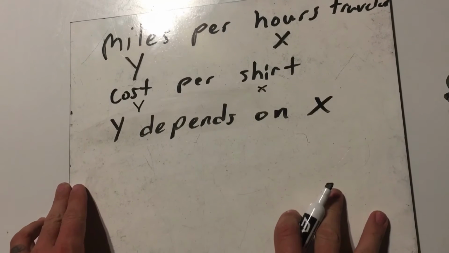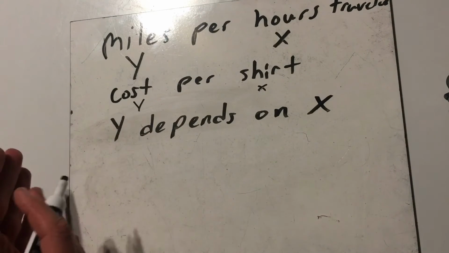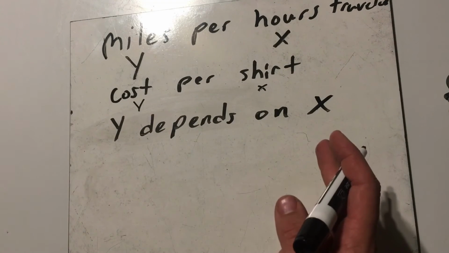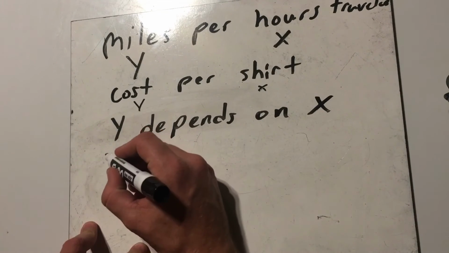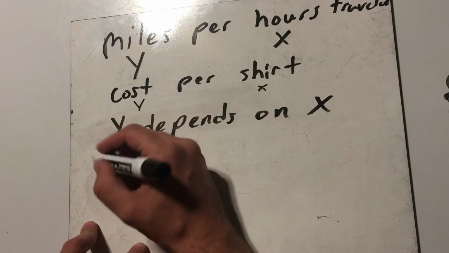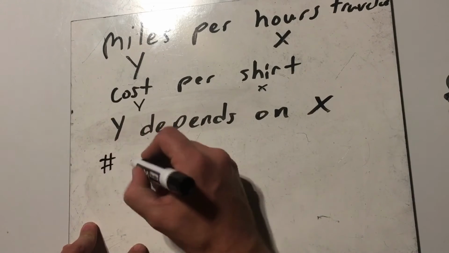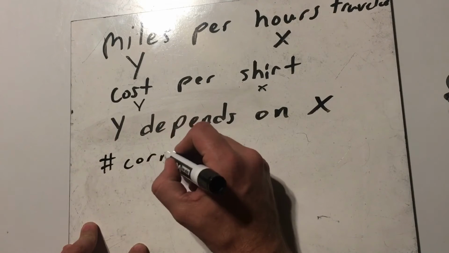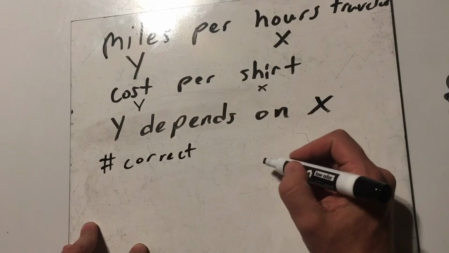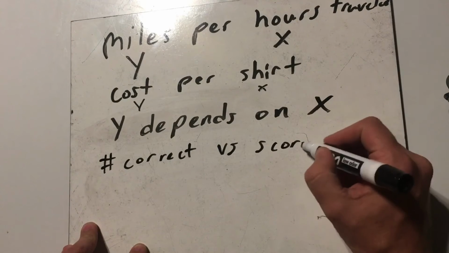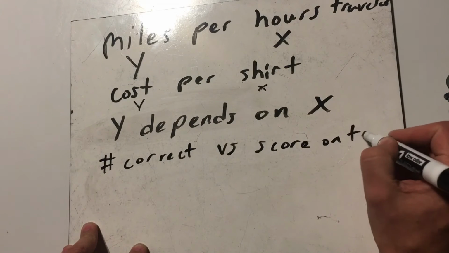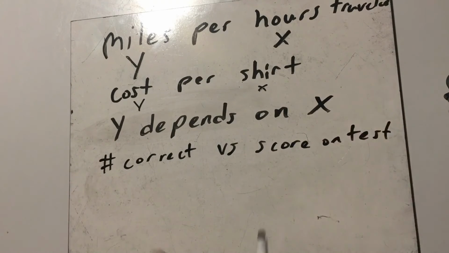So let's look at this a different way, because so far it looks like Y is always coming before X. But now I think I can come up with a situation where it's another way. So what if I have a test and I have the number of correct responses versus the score on my test? Well, what depends on what? Let's think about this.